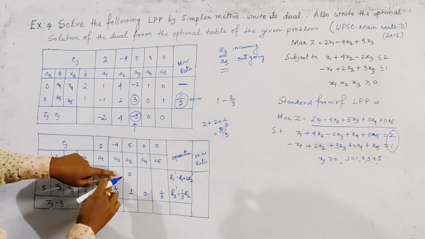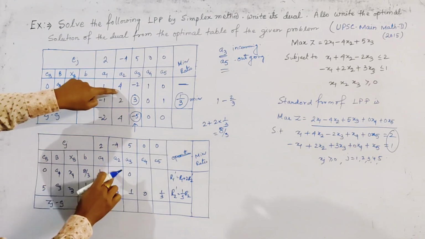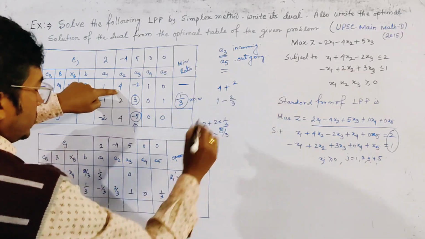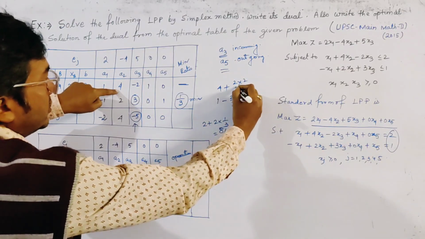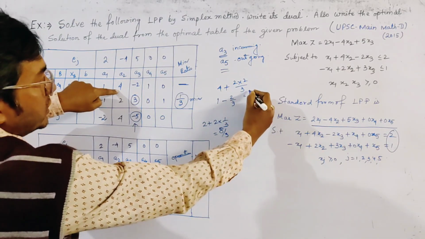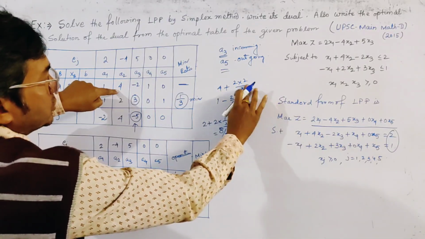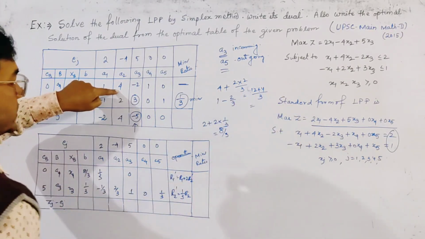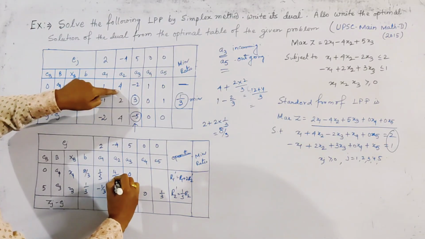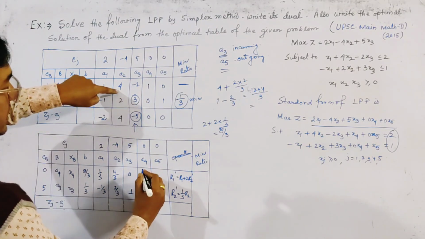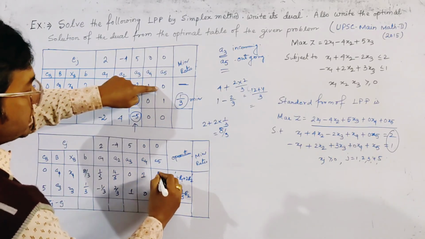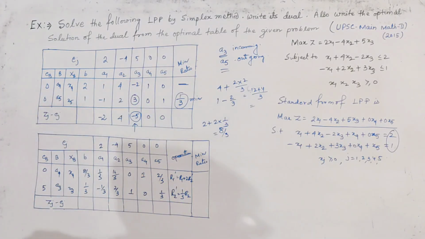Okay, and for this element we write here 4 plus 2 into 2 by 3, so this is 12 plus 4 by 3, this is 16 by 3, and this is clearly 1, and this becomes 0 plus 2 by 3, this is 2 by 3, right? And this is the table.